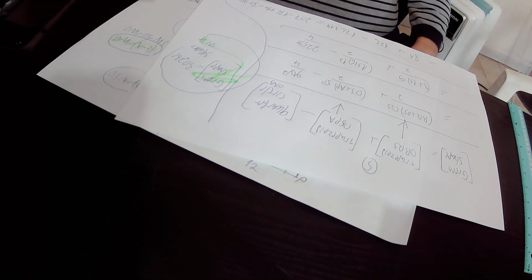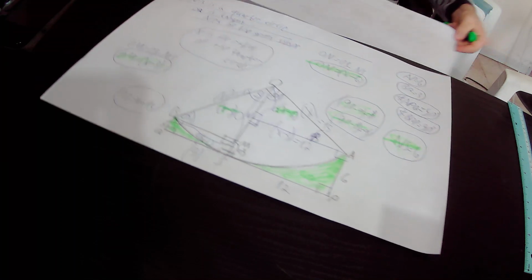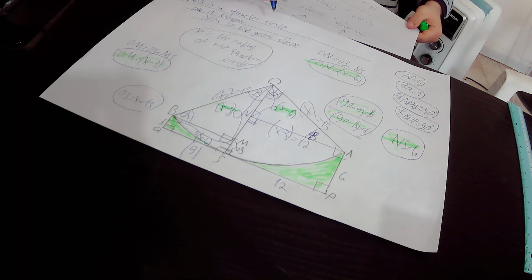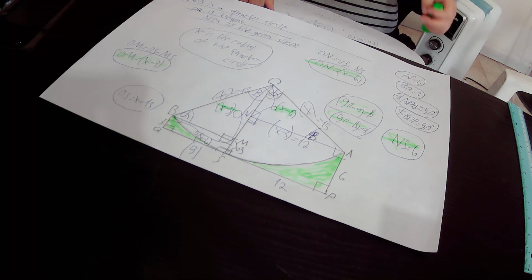Repeat again. The area of this green shape equals 30.285 square units. So in the next step, I will summarize the lecture.